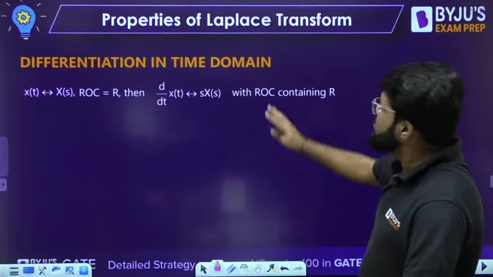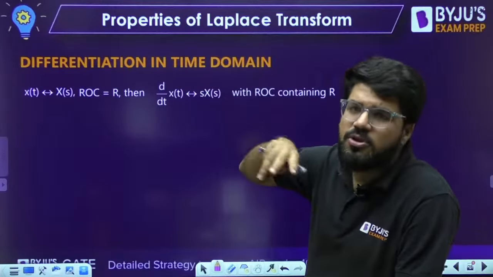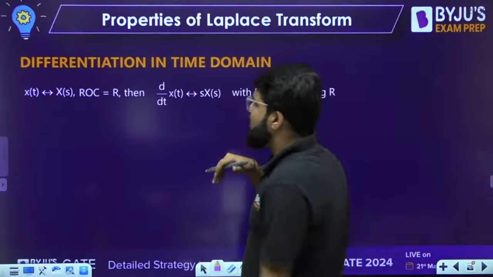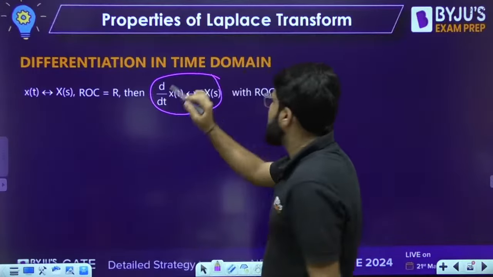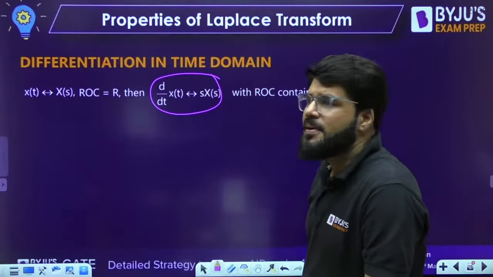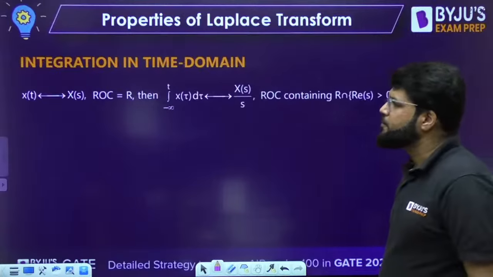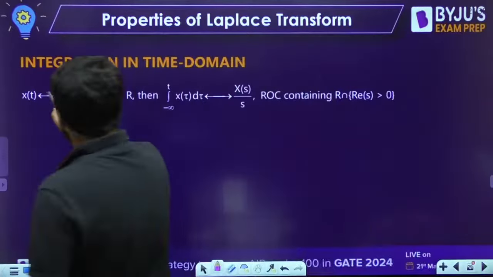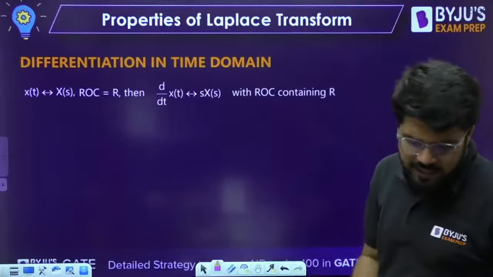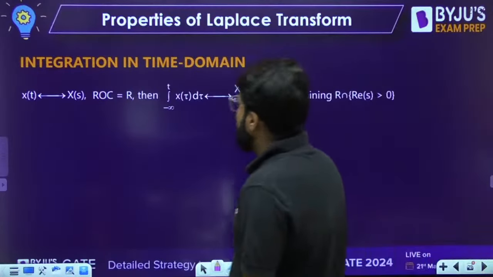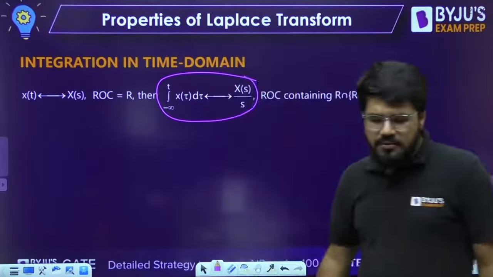Differentiation in the time domain. This is more useful when you go to the unilateral Laplace transform and talk about the solution of differential equations. If x(t) has the Laplace transform X(s), then d by dt of x(t) has the Laplace transform sX(s). Now integration in time: the integral of x(tau) d tau has the Laplace transform X(s) by s.